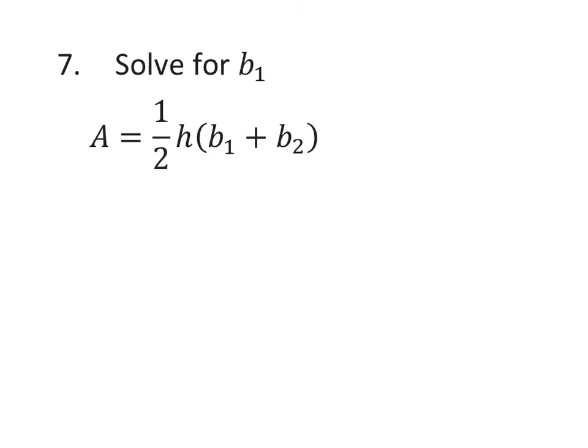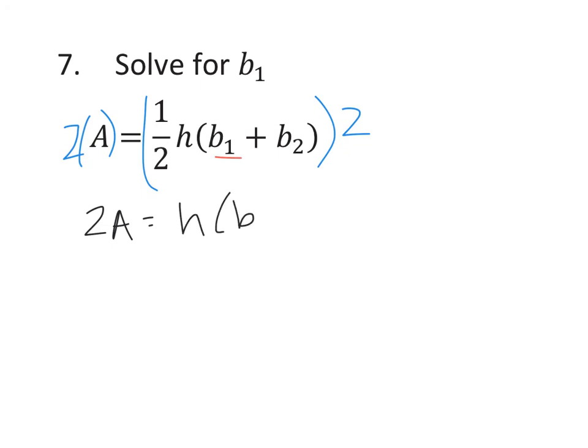My first step personally is, even though we're solving for the b1, I'm always going to multiply by that 2 in the fraction just so I don't have a fraction to deal with right now. So that would give me 2a equals h times b1 plus b2.